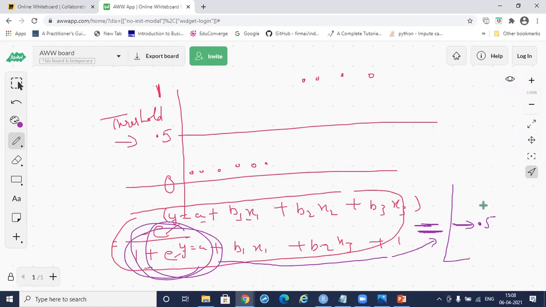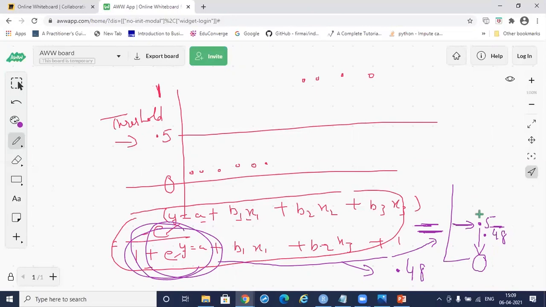Suppose we get 0.48. It means we are getting a predicted probability less than 0.5, so we will assume that data as a 0.